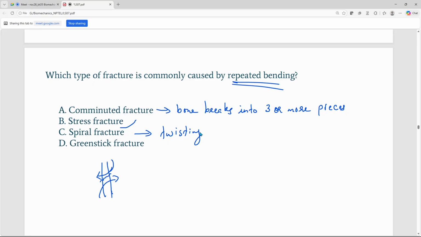And a green stick fracture is actually an incomplete fracture.